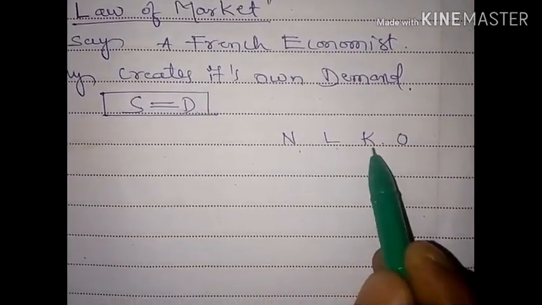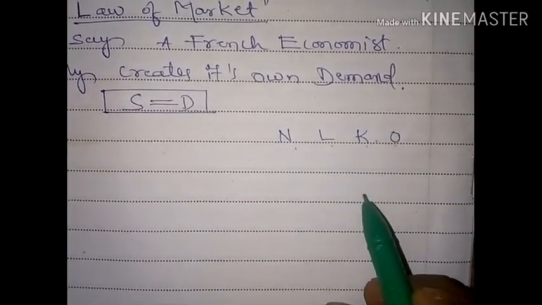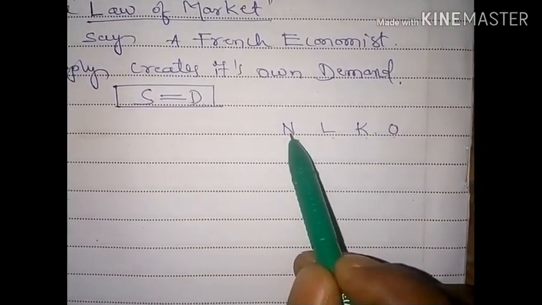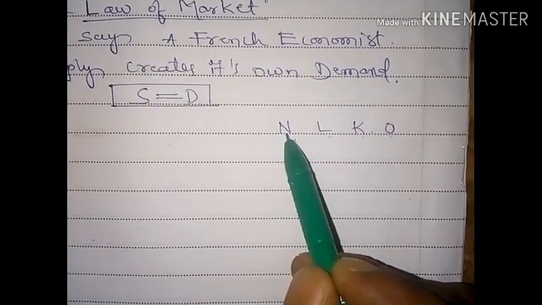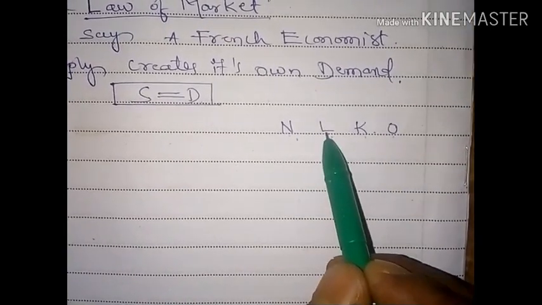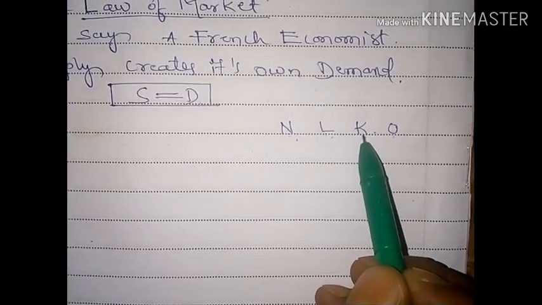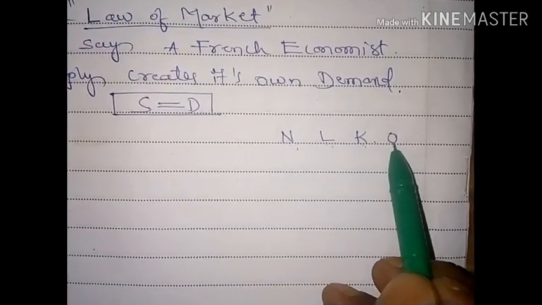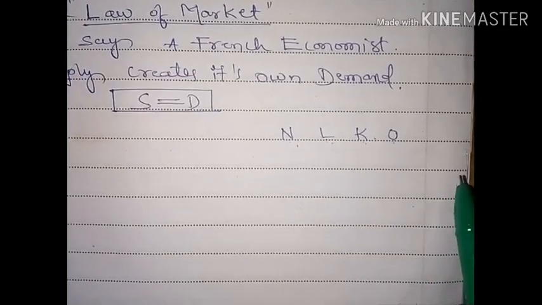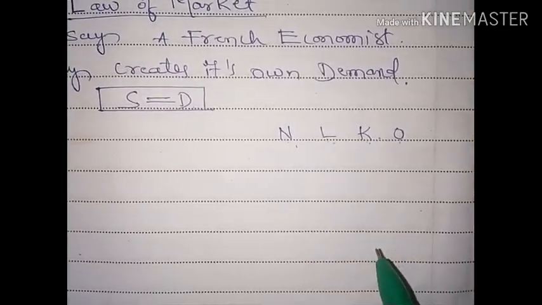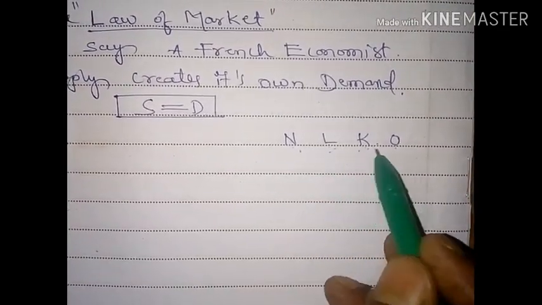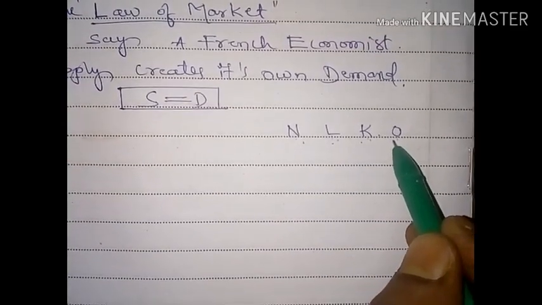The owners of the factors of production are households, means landlords are the owners of the land, laborers are owners of the labor, capitalists are owners of the capital, and organizers or entrepreneurs are the owners of the organization. Right? So here these participate in the production process of output.